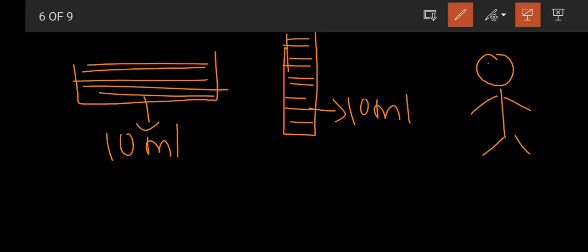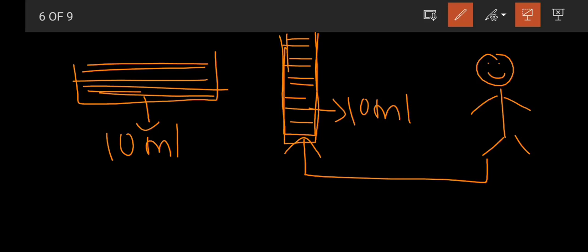the child will say that this container has more water because it is long. But the child doesn't know that both containers have the same amount of water, and only the shapes are different. This is what conservation means.